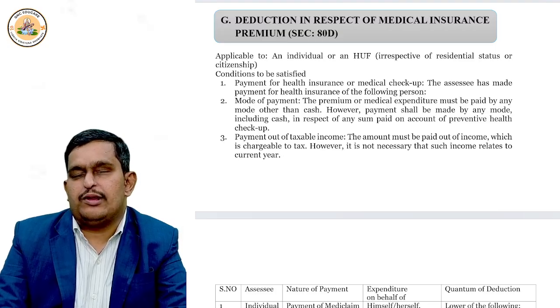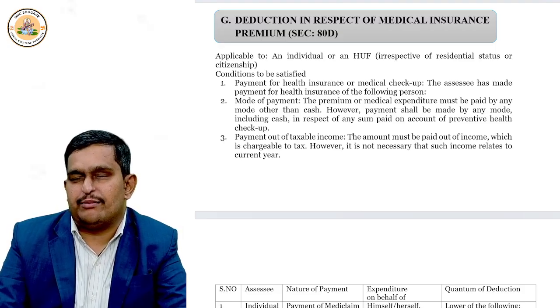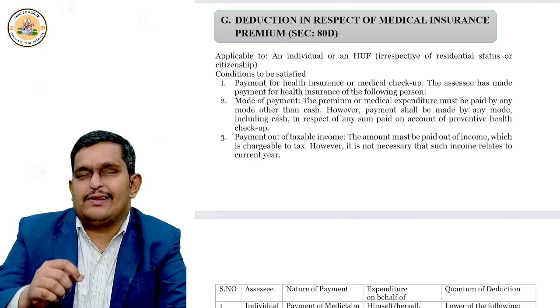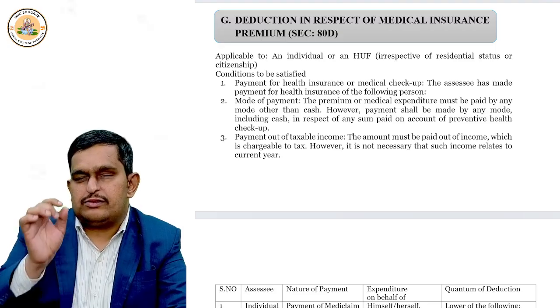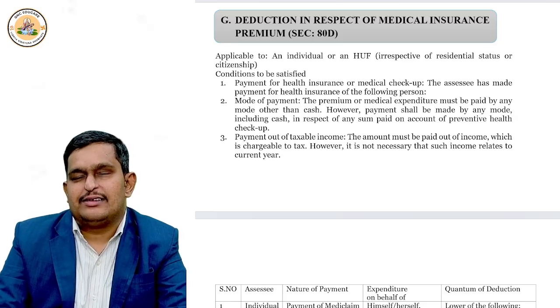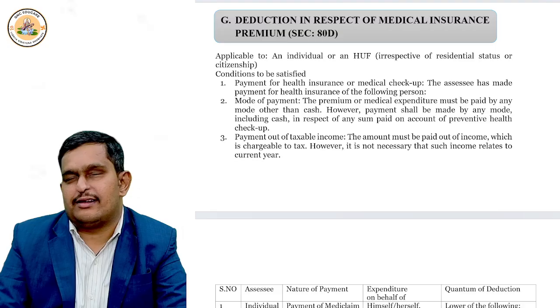Now, suppose, for example, you are actually earning some taxable income. Out of that taxable income, you pay these premiums, then definitely you will get deduction under 80D, right? So, if you are paying premium out of your taxable income, you will get deduction.